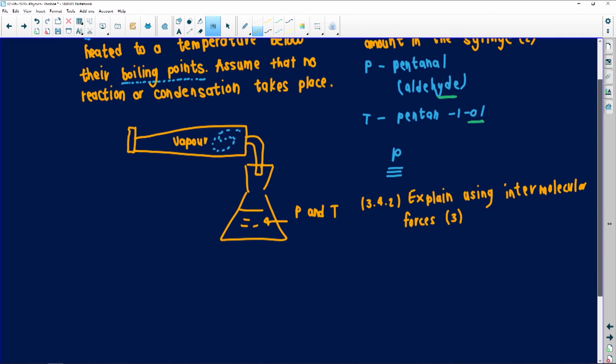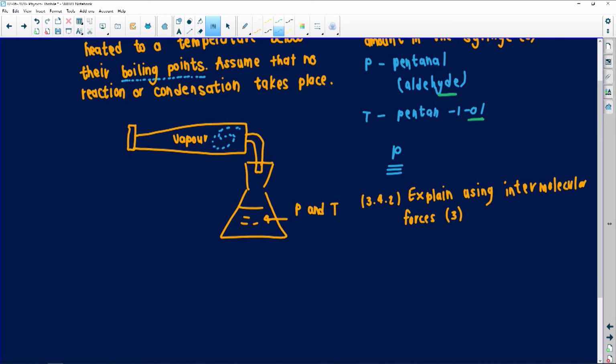So now we must think like geniuses. Okay, let me see. This is what I would do. Remember we must explain between 2 things. If P is an aldehyde, we know that aldehydes are more of a dipole-dipole force. Remember, dipole means one end is positive, one end is negative.